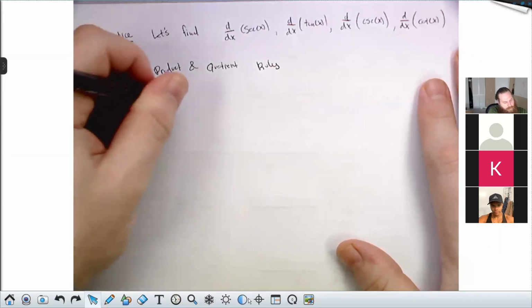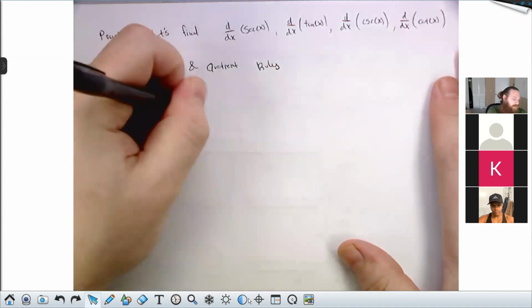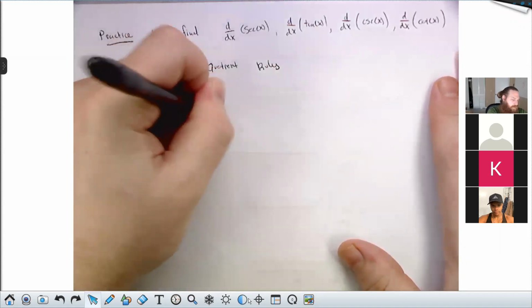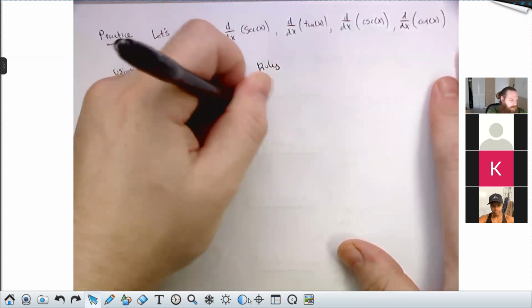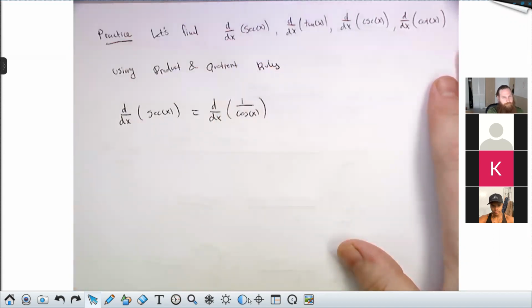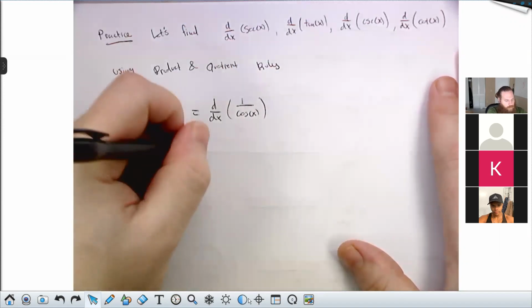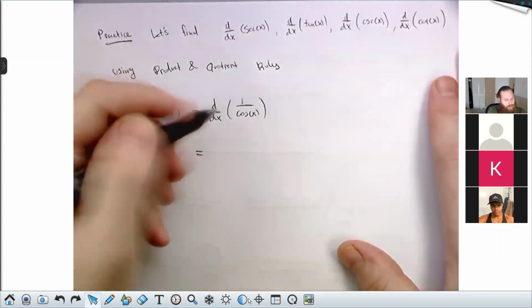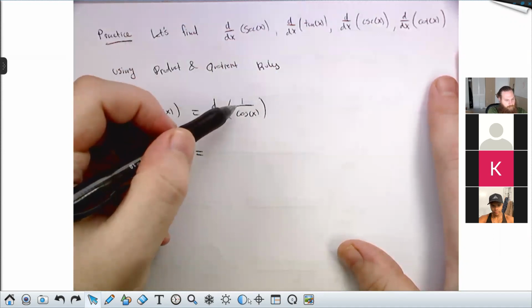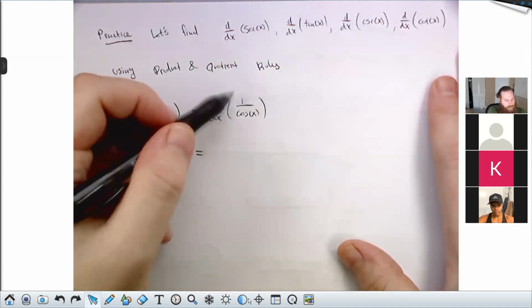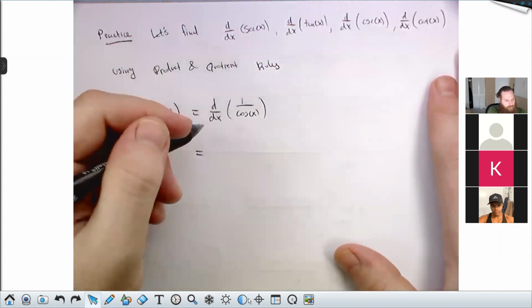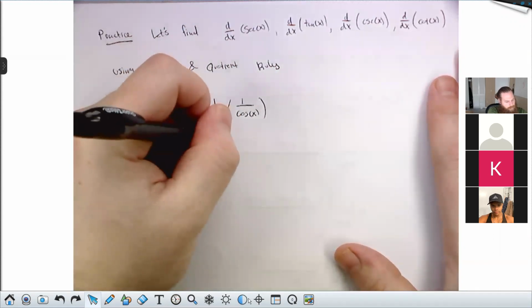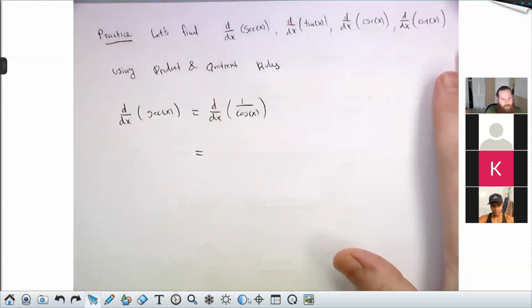d dx of secant x, well, you've got to remember what secant x is. Secant is 1 over cosine. So you can apply your quotient rule. High d low minus low d high over low low, right? Yeah, so this is, low d high, but I always get those swapped around.